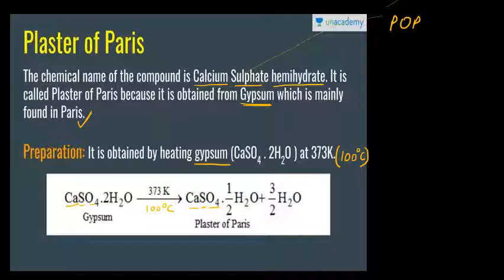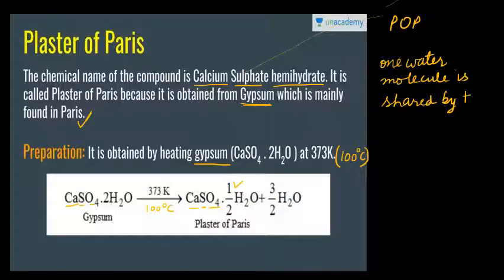This means that one water molecule is shared by two formula units of CaSO4.